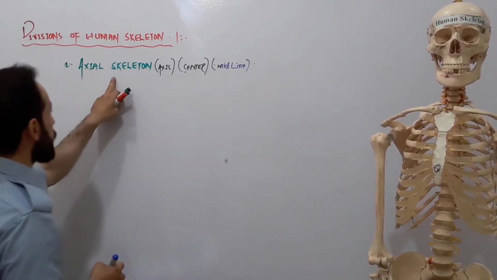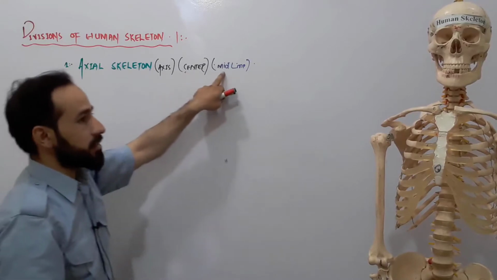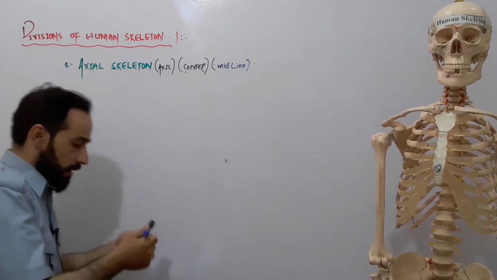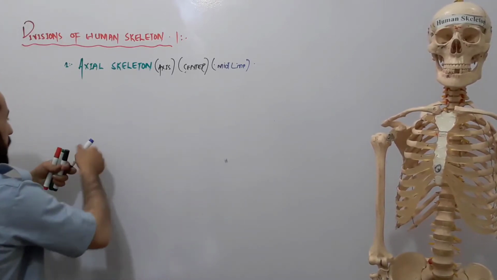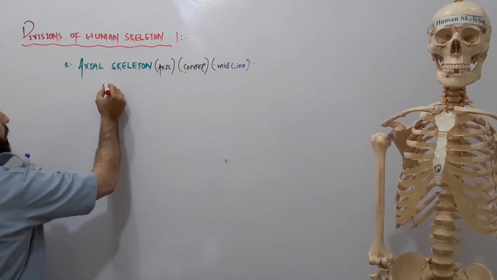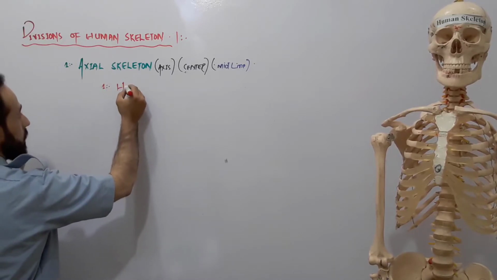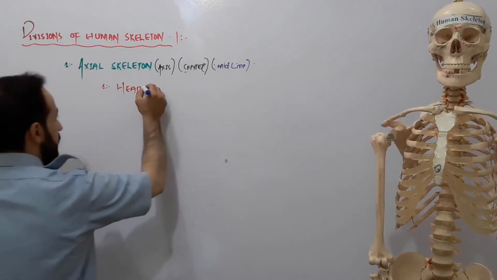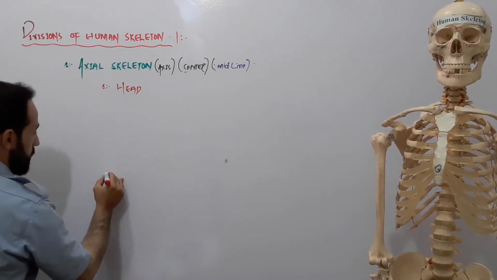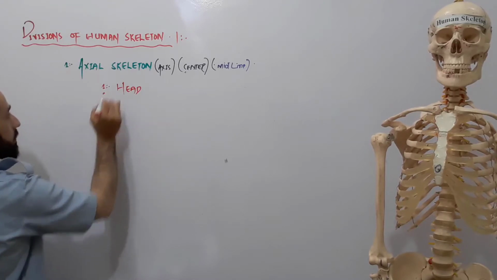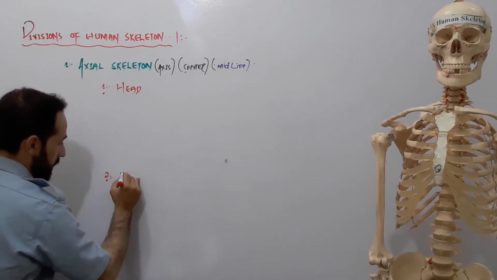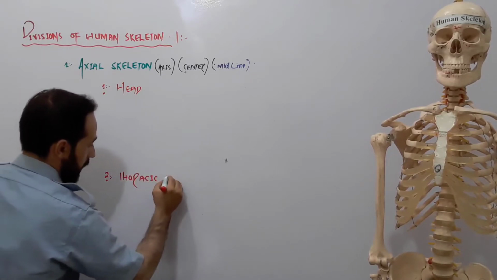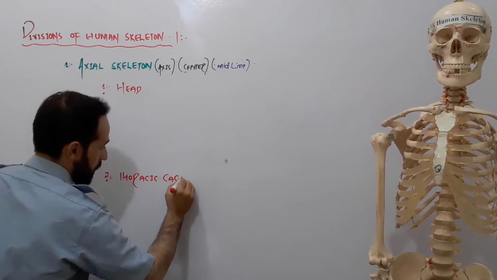So axial skeleton, first of all, we know that it is the skeleton which is present in the midline or in the center or in the axis of our body, right? And it is divided into how many subparts? The first one is your head or we say skull. The second part is your thoracic cage, right?